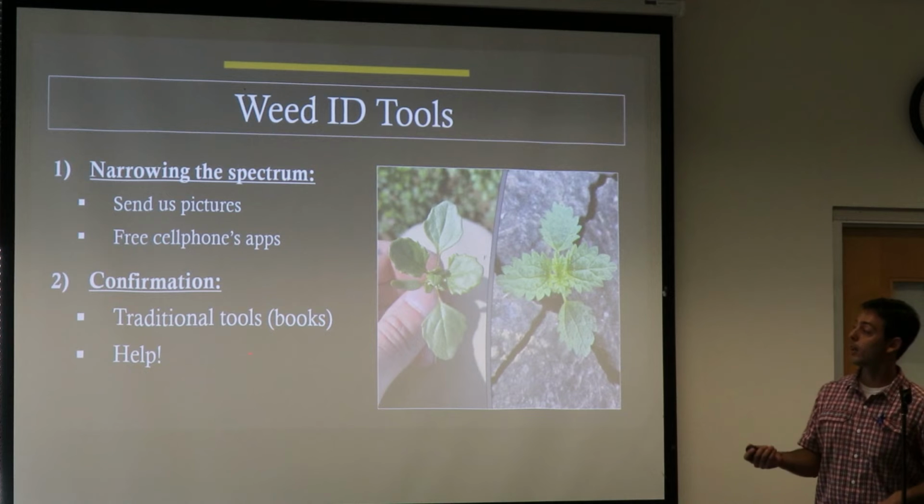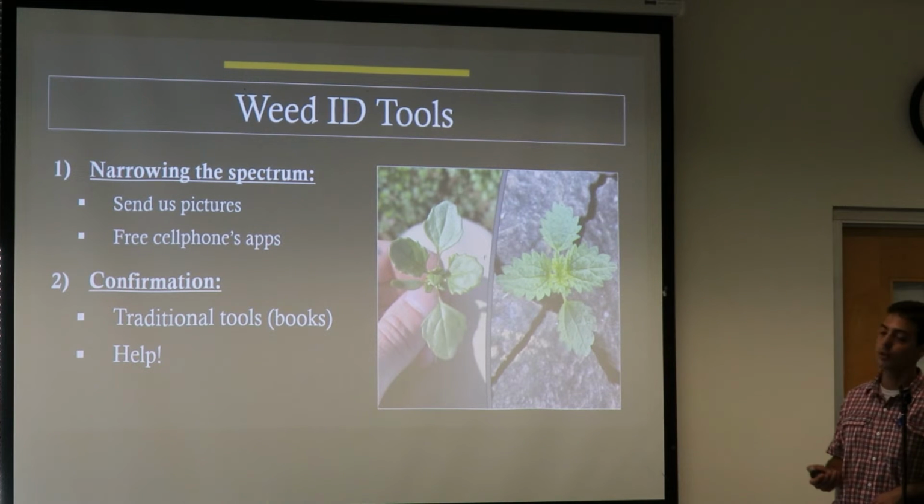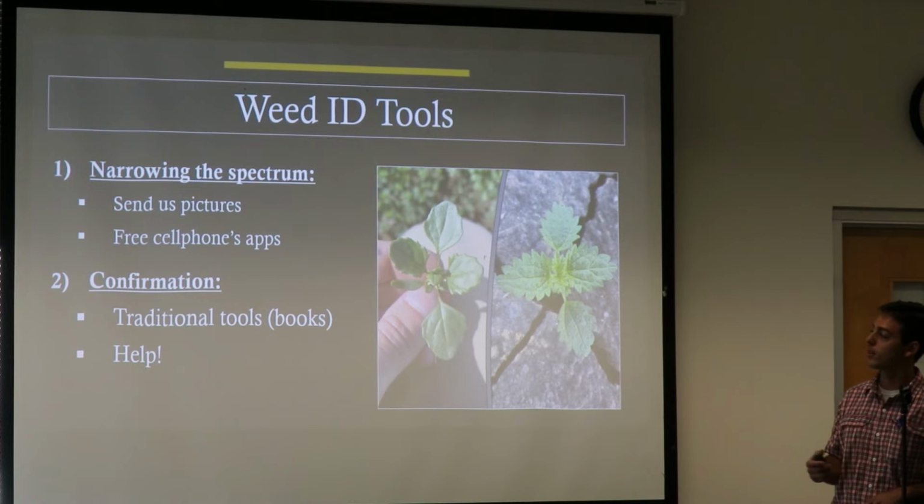I like these free cell phone apps. The technology behind them might sound a little bit fancy, but it's not that fancy. Basically they use images and artificial intelligence and algorithms, and the more people take pictures and put the right name on those pictures, the better they get.